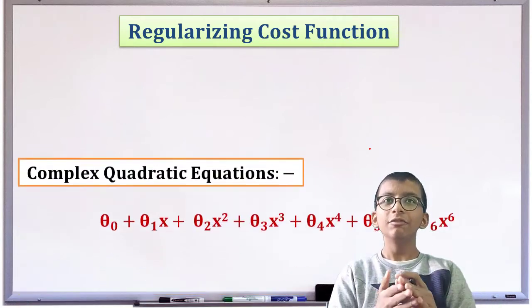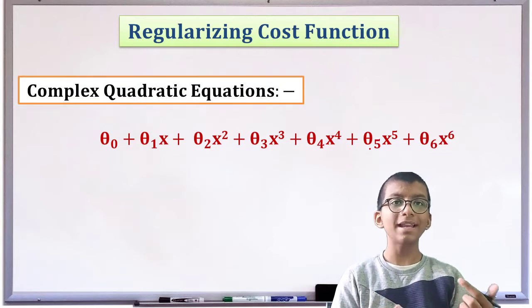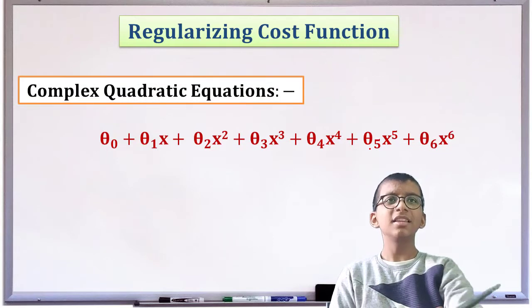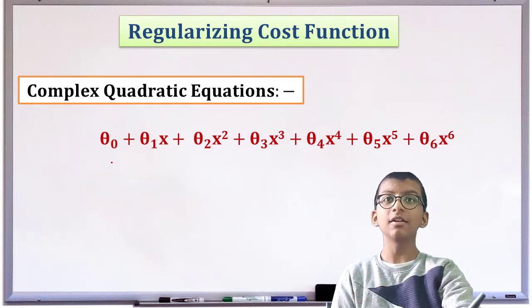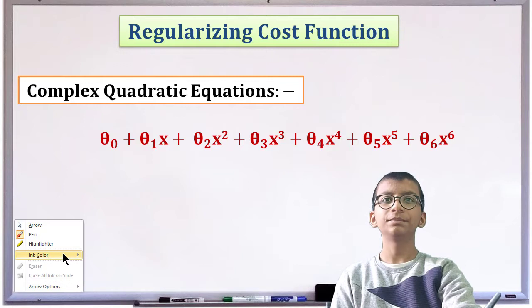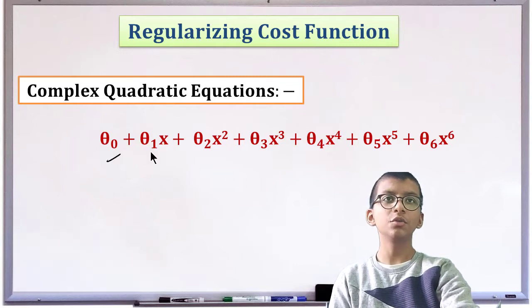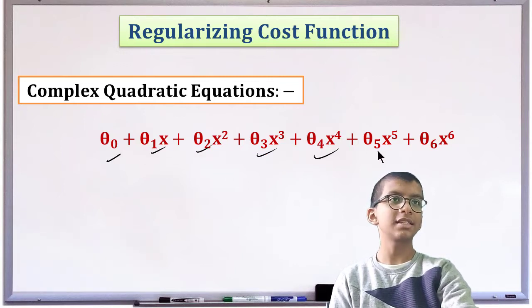Here we have a complex polynomial equation. Think of it as having so many features, 1, 2, 3, 4, 5, 6, 7.